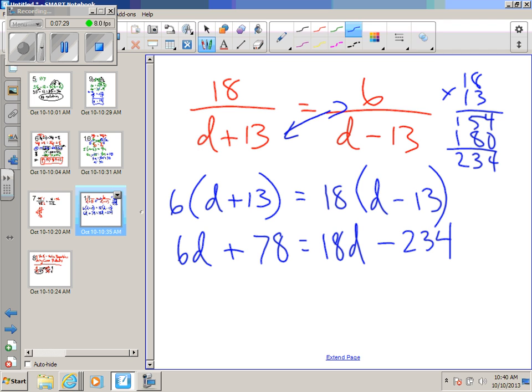Okay, so any strategies, any way you want to tackle this? I mean, any way we go is going to be fine. Marlia? All right, so you were left with a 78 here, and 6d from 18d is... All right. Then what?